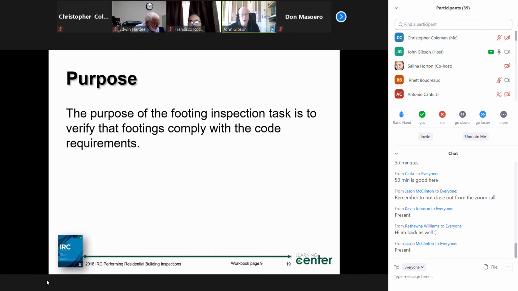If you were to look in your workbook on page 9, you'd see that it has this overview of the footing inspection. When given construction documents, you'd be able to determine the compliance ideas as spelled out in the 2018 IRC.